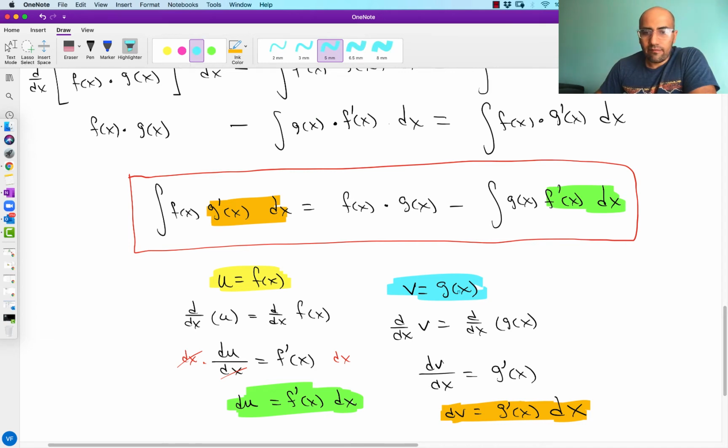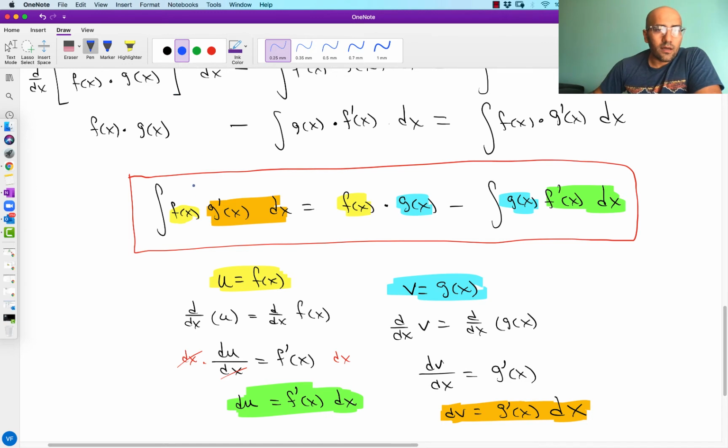We're going to take du and replace that part right there. Then we have v equals g of x, and v equals g of x there. And finally, we have that u equals f of x, so that would be this u there and this u there. Okay, so we end up with a u here, a u there, and a u there, and then a v here.